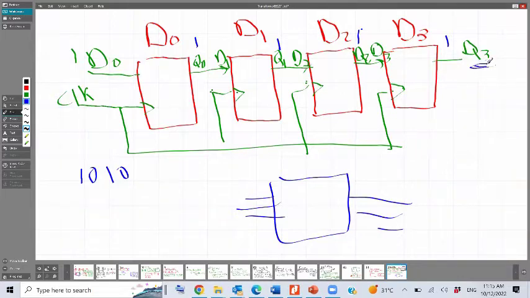We need a D in, a clock in, and an output. We need a D because this is serial input, serial output. So 1 for the data input, and it will go to D0, the first stage, and 1 output that will be taken from the last stage, the output of the last stage. And of course, we need a clock.